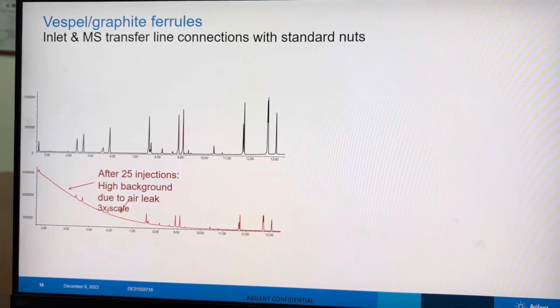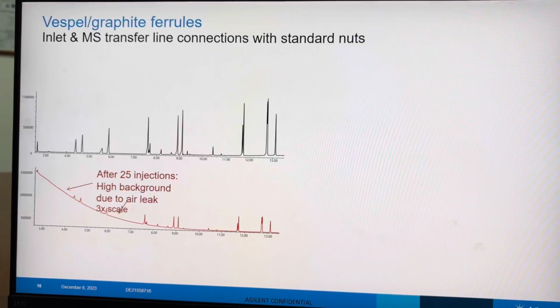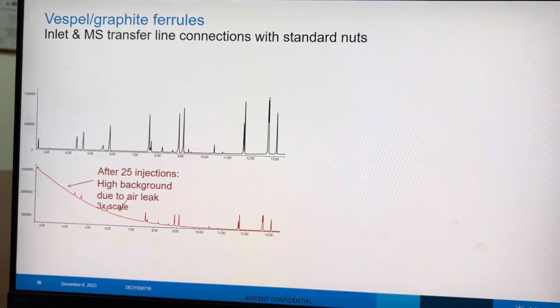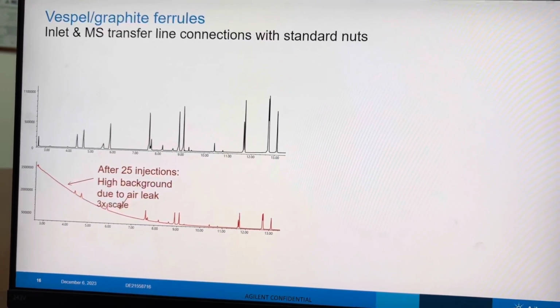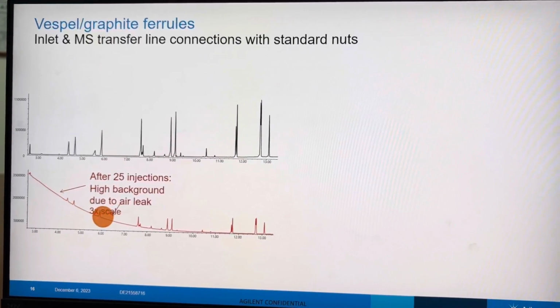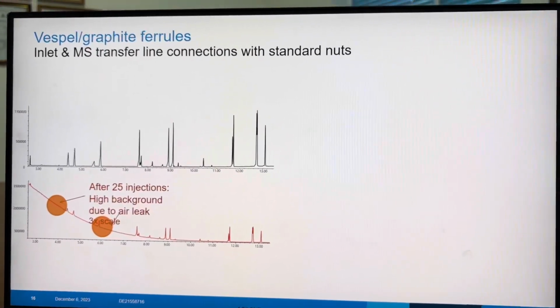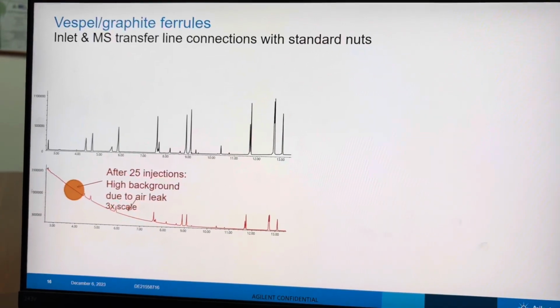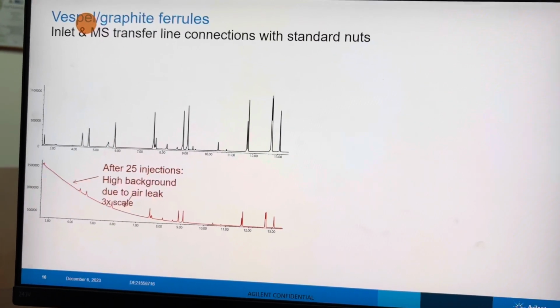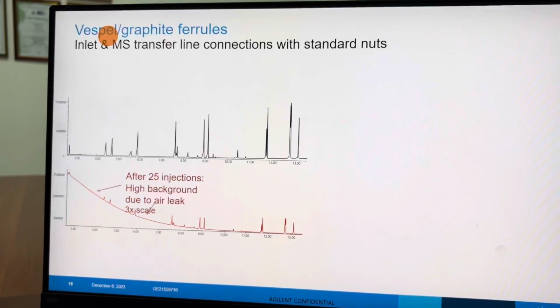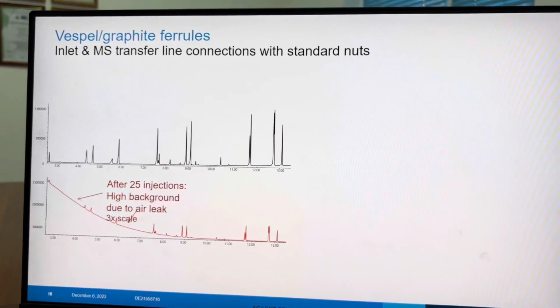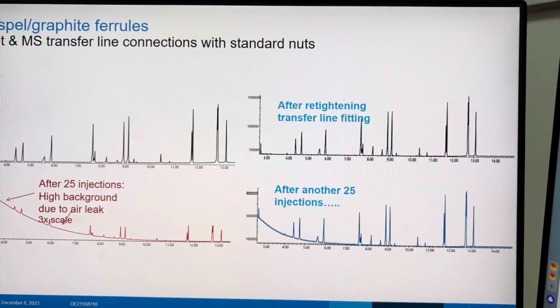Like that, after 25 or 30 cycles, you will see a loss in response and the baseline will also not be stable, because of a leak due to the shrinking of the ferrule. That is where you need to retighten it. When you are encountering such problems, it is better to change the ferrule or reconnect it.